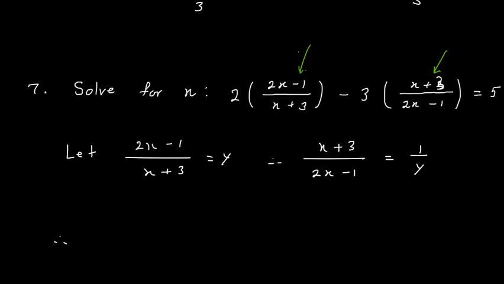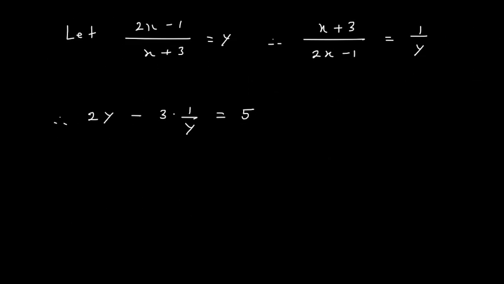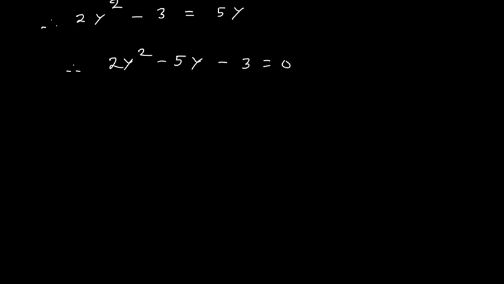So now here it is 2 into y minus 3 into 1 upon y is equal to 5. So therefore now I will multiply each term by y, so it is 2y square minus 3 is equal to 5y. So therefore 2y square minus 5y minus 3 is equal to 0.